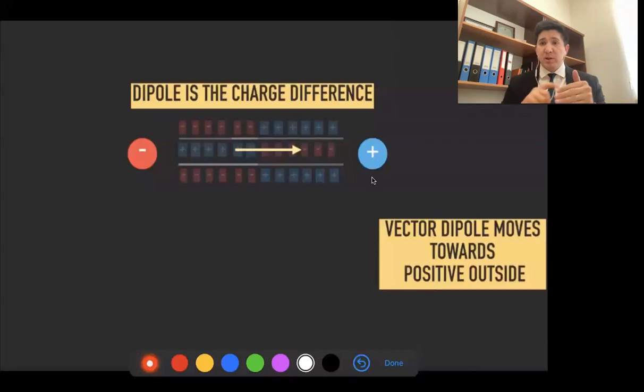You can see here that in this example, the dipole is moving in that direction, which is positive here, right? So it always moves when you've got positive outside the cell. Or you can understand this as it moves from positive inside to negative inside. Okay? So the length of the dipole, which is called the magnitude of the dipole, defines the charge difference.